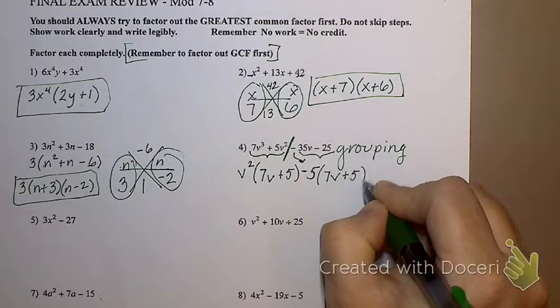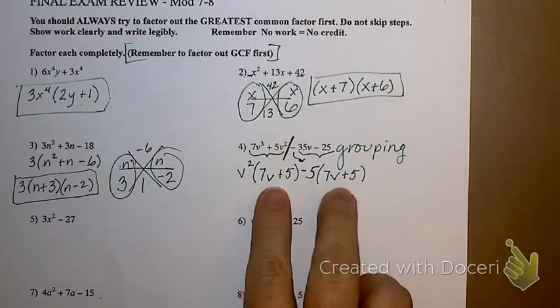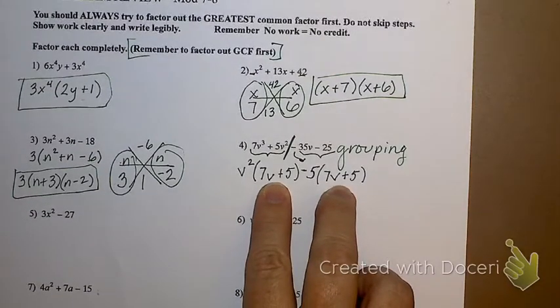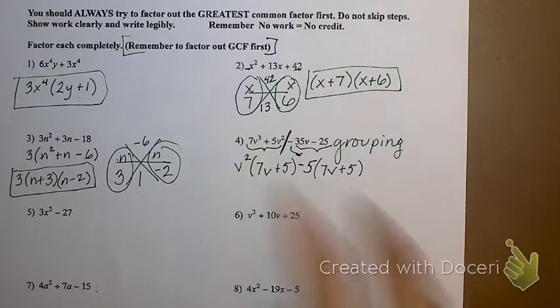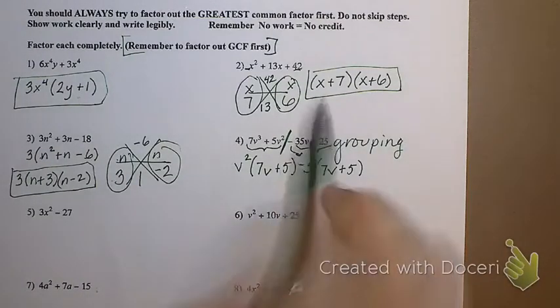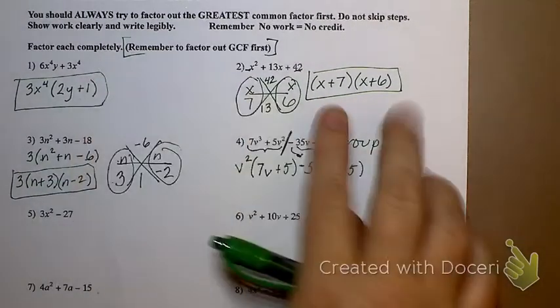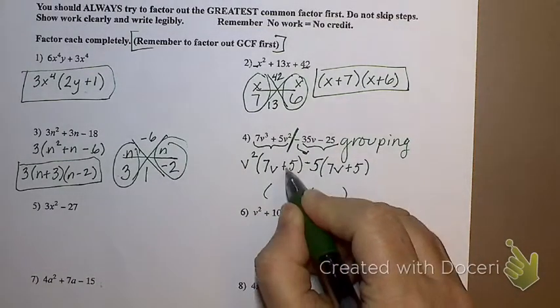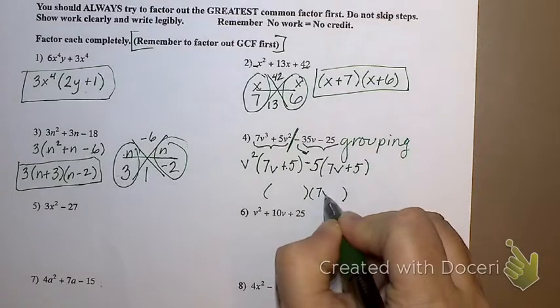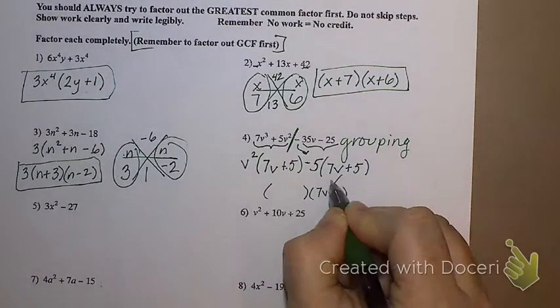Positive 5. Now if I did my grouping correctly, what should be the case with those two parentheses? They should be the same. So, my answer still has two parentheses just like these guys. One of my parentheses is this 7v plus 5. Only one of them.